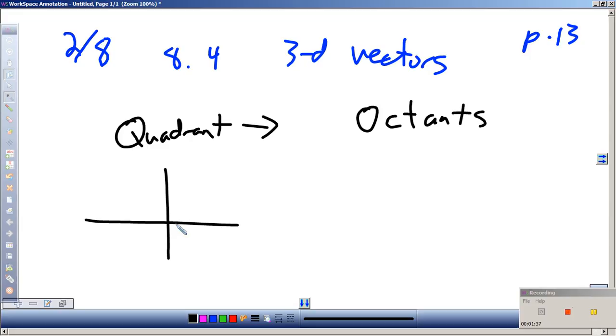Because instead of just having this, how many parts? You've got 1 up here, 2, 3 on the top here, 4 on the top here, and then on the bottom, 5, 6, 7, 8. So the axis is divided into 8 parts instead of just 4 parts.